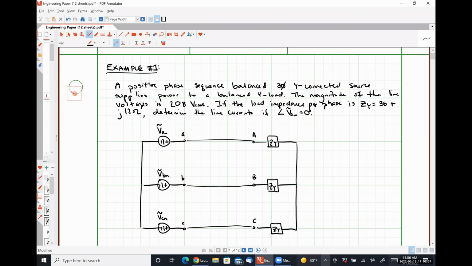The information that we're given is that the magnitude of our line voltages is 208 volts RMS. So I'm going to say that the magnitude of VAB is 208 volts RMS, where VAB is representative of a line voltage, right? Because it's the voltage measured between our transmission line terminals.